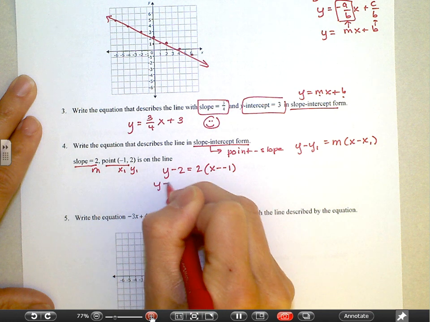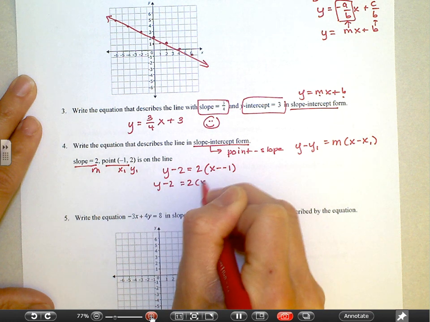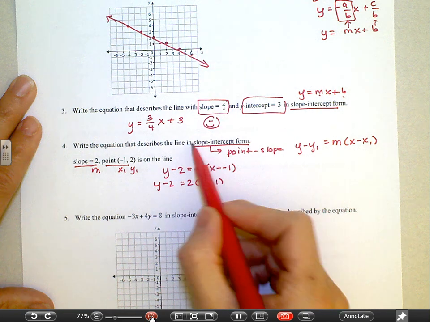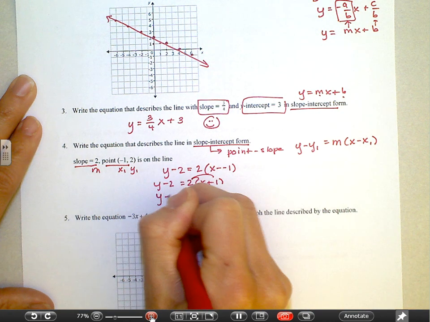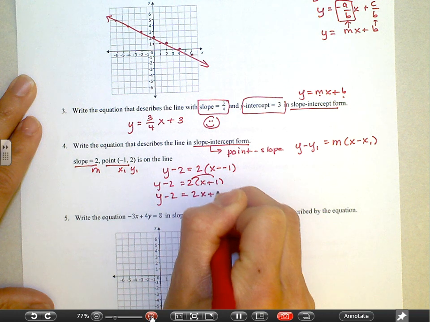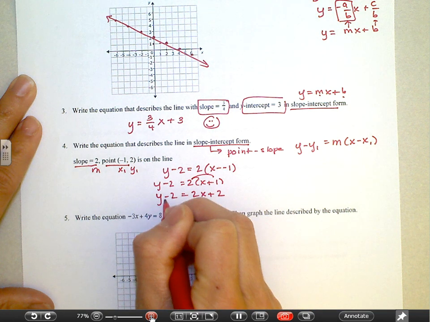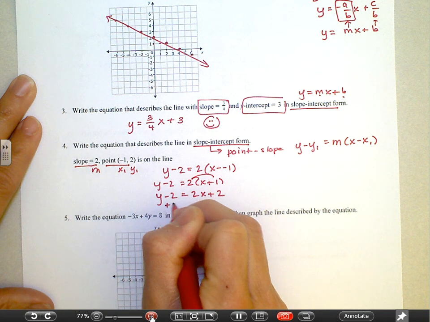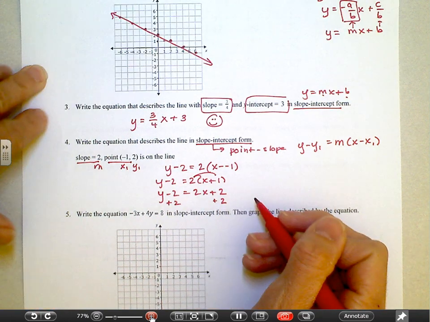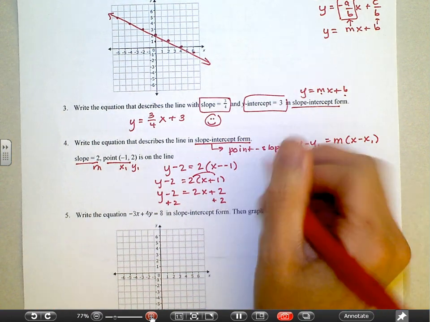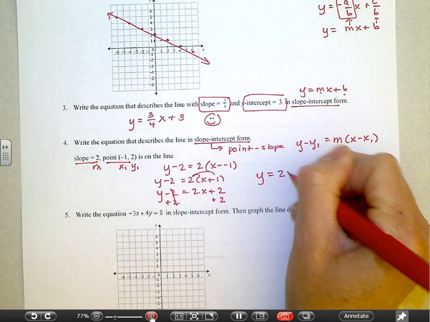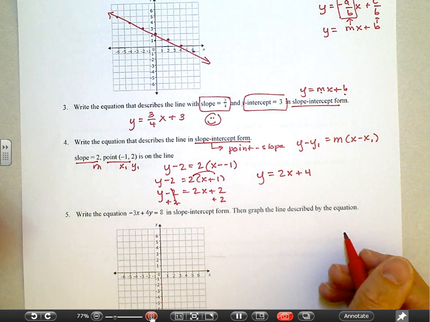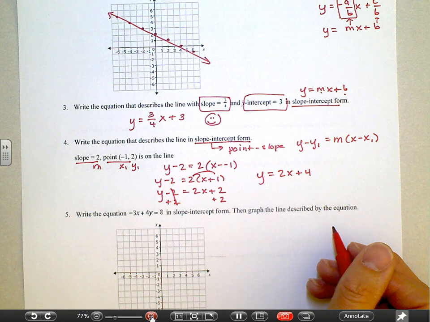So y minus 2 equals 2 times x plus 1. To get this into slope-intercept form, I distribute my 2, so I have y minus 2 equals 2x plus 2. Then I have to get rid of this 2 with y, so I add 2 to both sides, and I get y equals 2x plus 4.